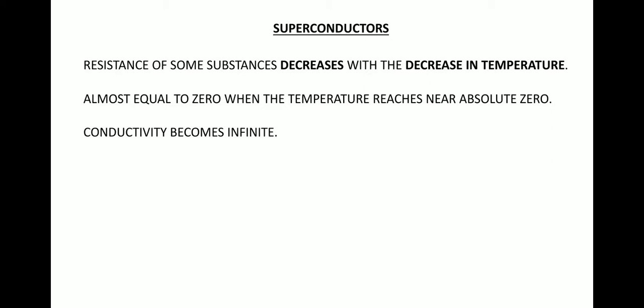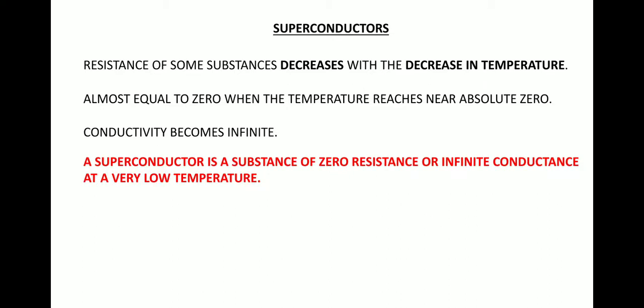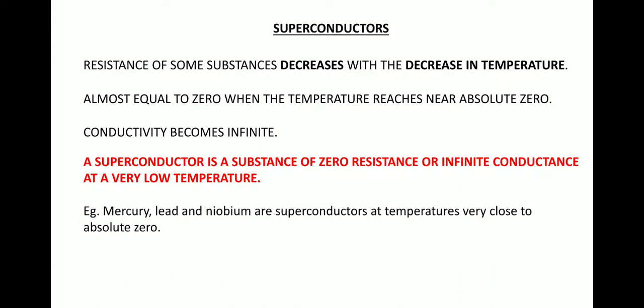So the definition for superconductors will be, they are the substances of zero resistance or infinite conductance at a very low temperature. Now this very low temperature means really low. It should be almost close to absolute zero. So mercury, lead and niobium are the superconductors at temperatures very close to absolute zero.